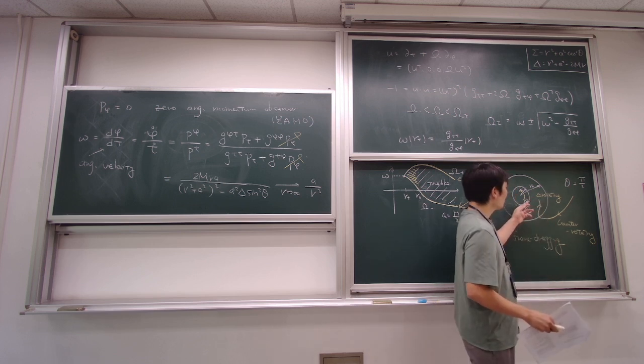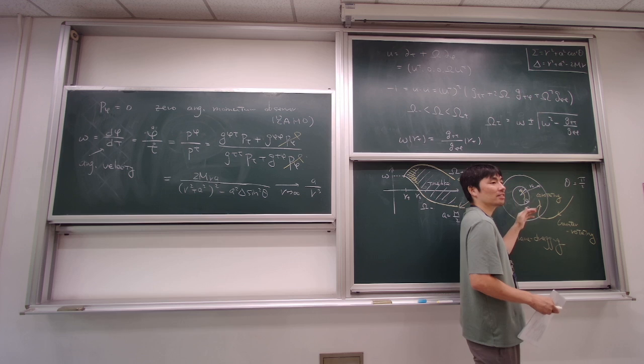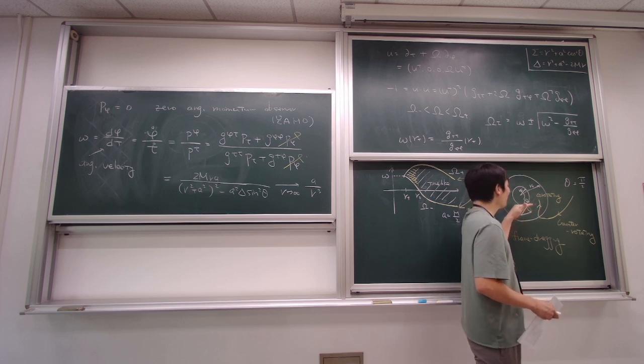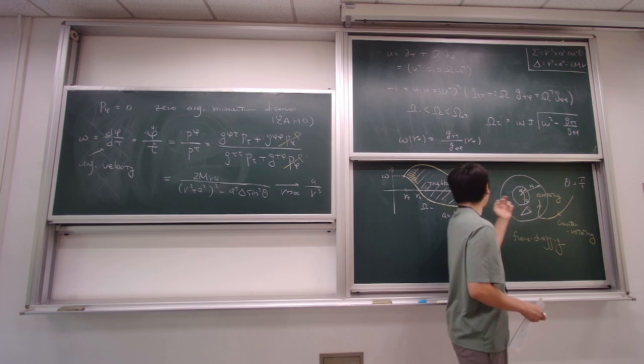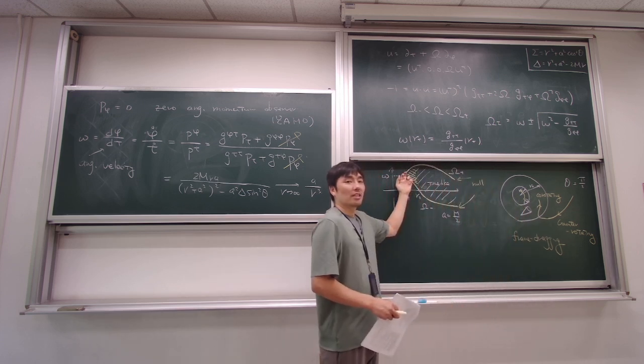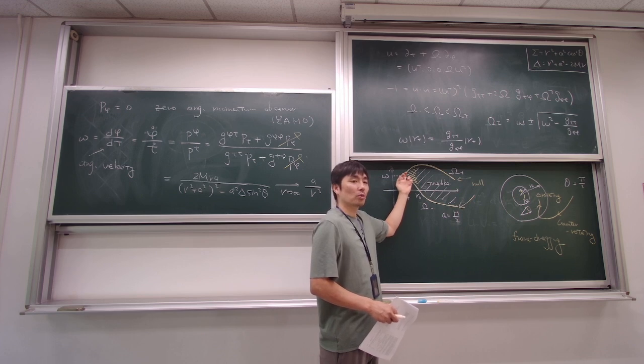So at the horizon, the only null vector can just stay at the horizon. Therefore, at this point, the vector should become null.